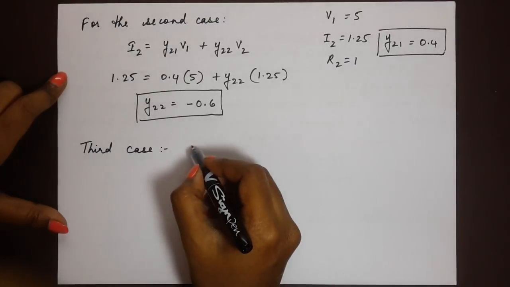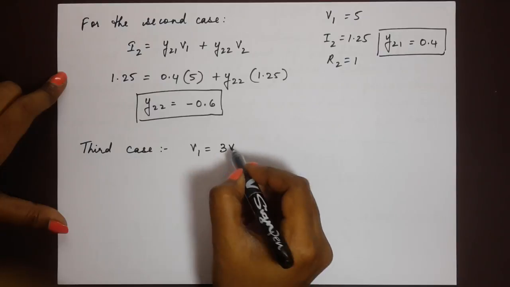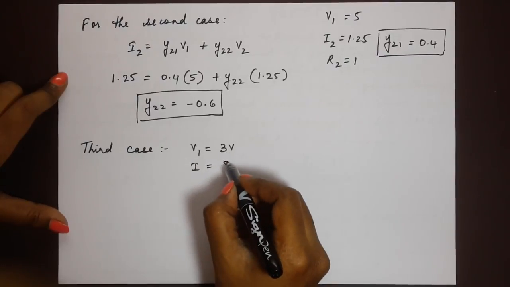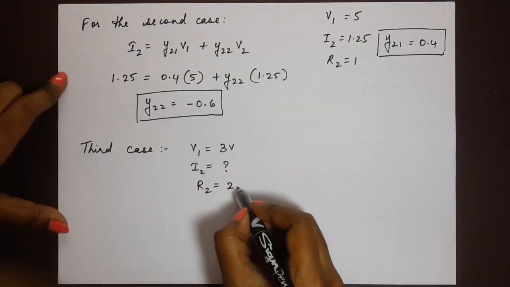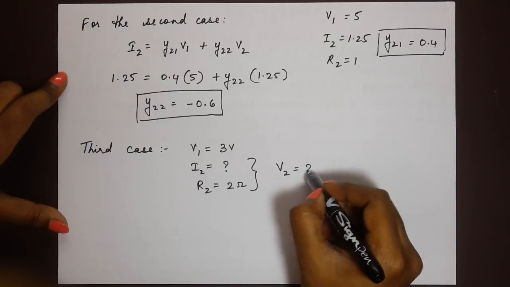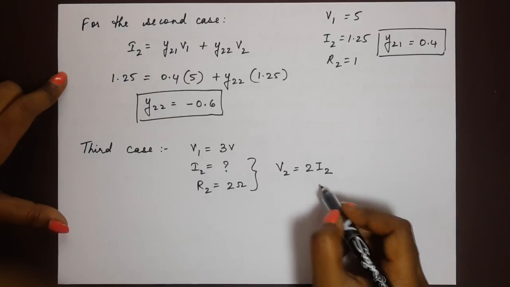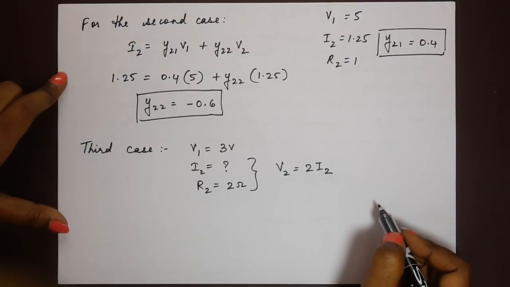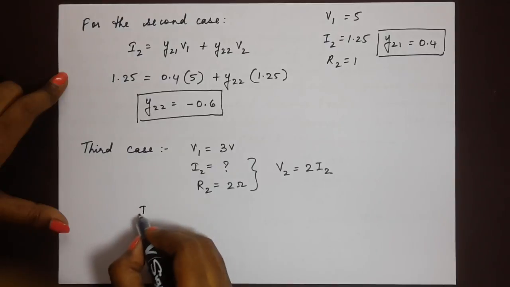For the third case, we have our values. V1 is 3 volts. The current I2 is what we are supposed to find, and R2 is given as 2 ohms. Now from these two we can say that V2 is equal to 2I2, since V2 is I2 into R2. Now let's substitute all of this into the equation.